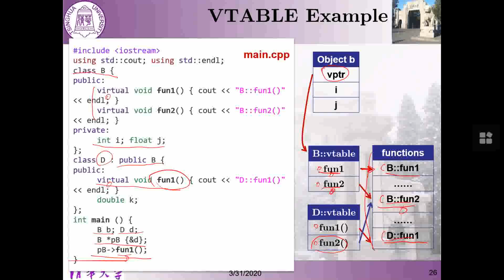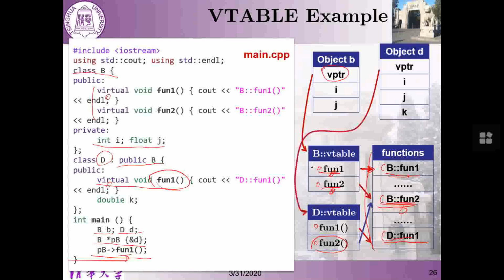If we want to call function 1, it will find B's function 1, B's function 2. And then for object D, the virtual pointer will point to this virtual table. If we want to call function 1, we'll call this function 1. Right?